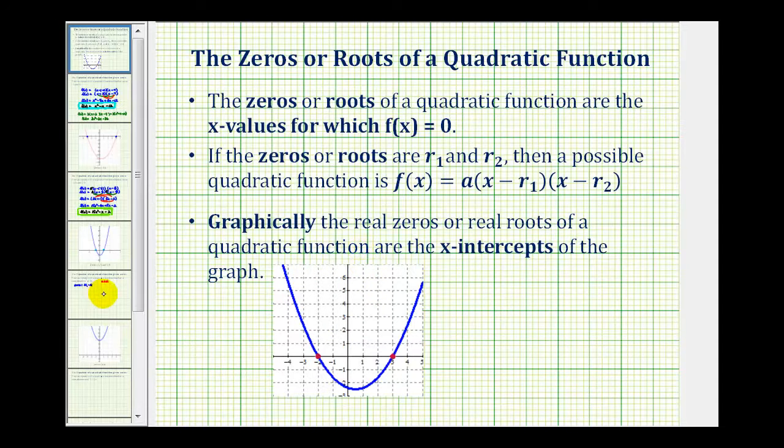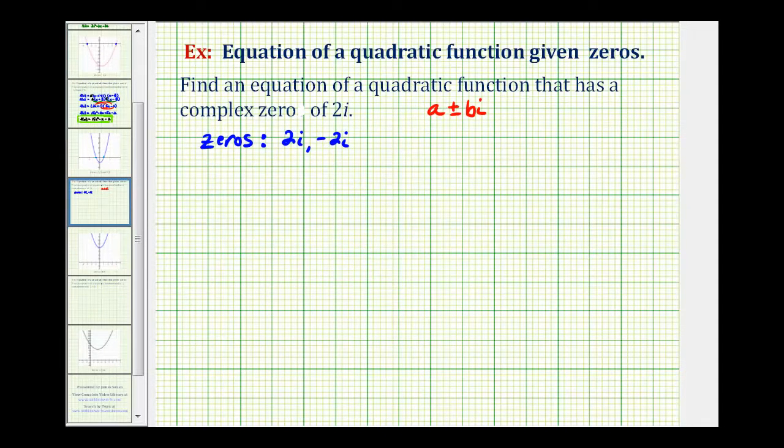So going back to our example, given the zeros, our function f of x must contain a factor of x minus the first zero, so x minus 2i, and it must also contain a factor of x minus the second zero of negative 2i.